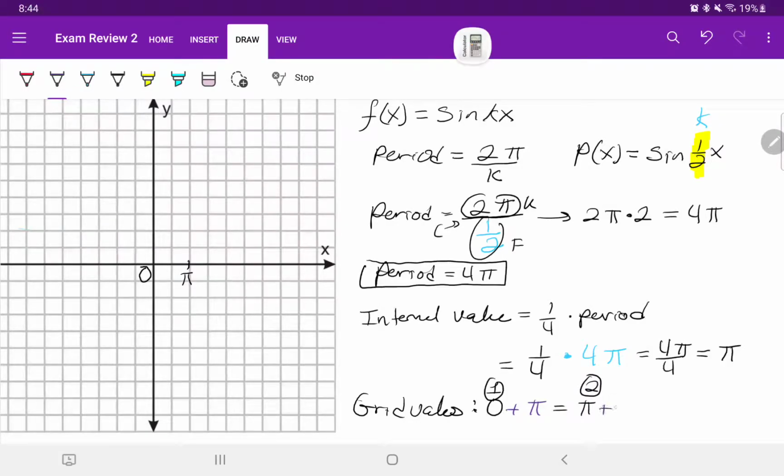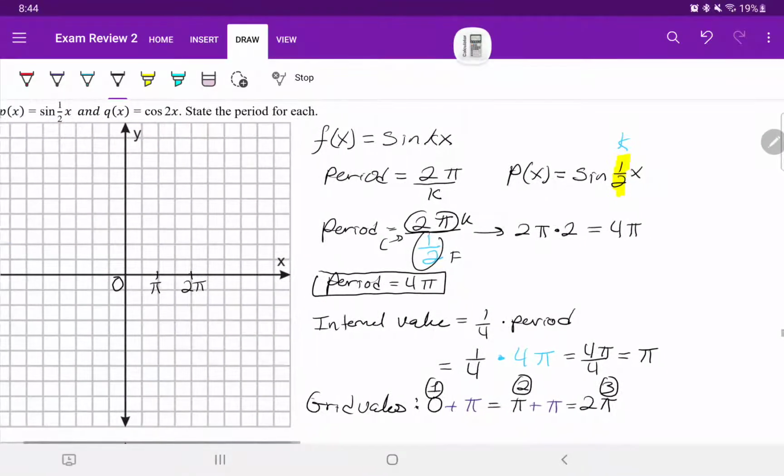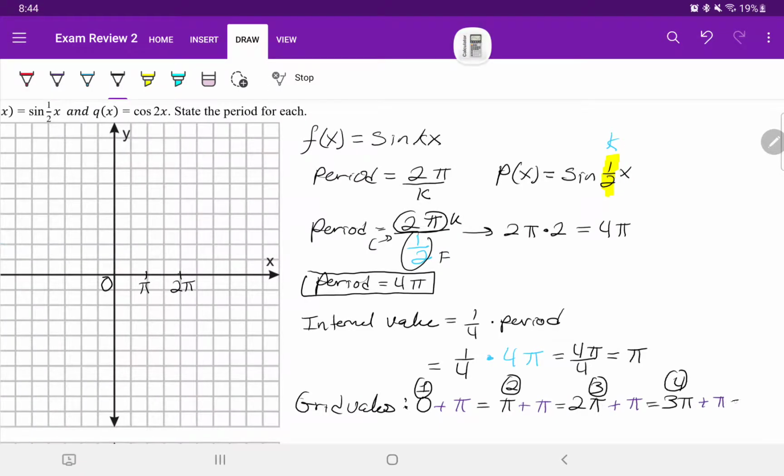Plus pi again equals 2 pi. That's the third grid value. We can already see what the fourth one and the fifth one are going to be. If I add pi again, 2 pi plus pi is 3 pi. And 3 pi plus another pi is 4 pi. And once again, the period is 4 pi.